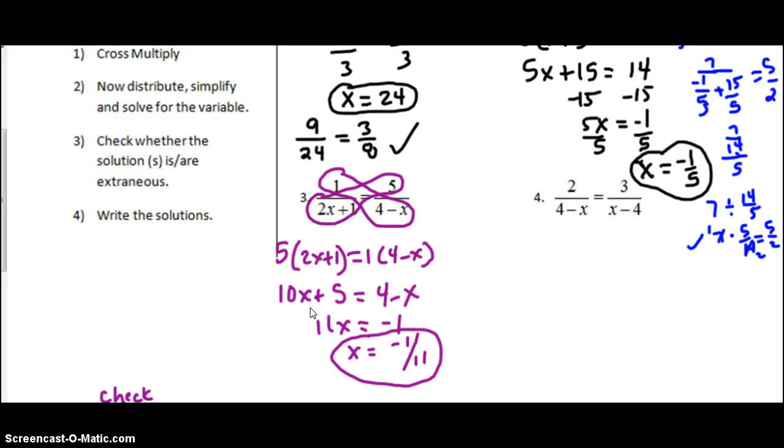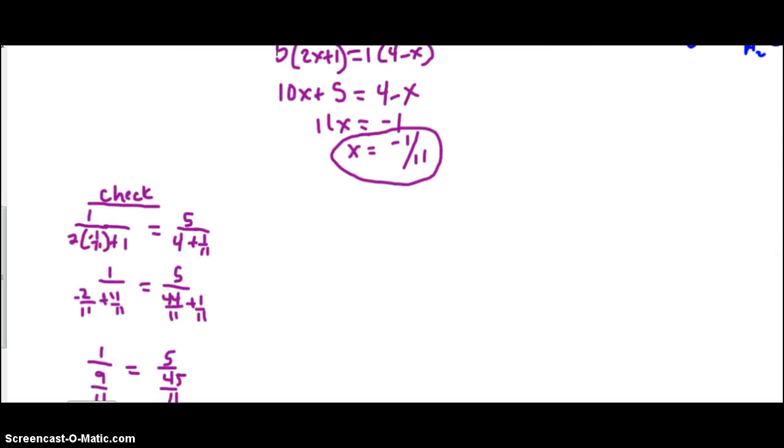You get 10x plus 5 equals 4 minus x. Then you bring all the x's to one side and all the constants to the other, and you would get x equals -1/11. Now you need to check, to make sure it's not an extraneous solution.